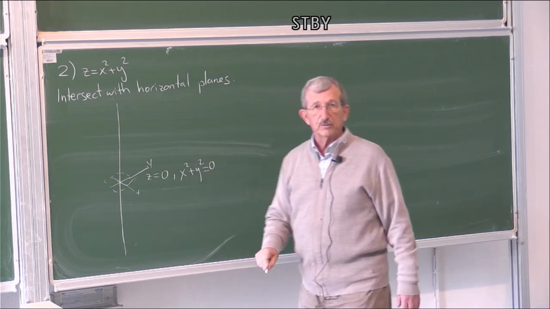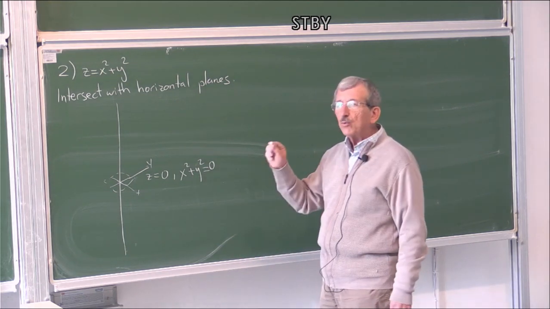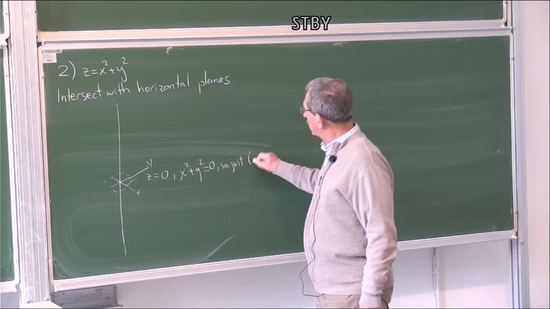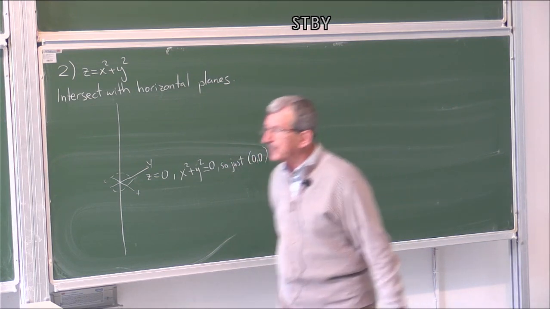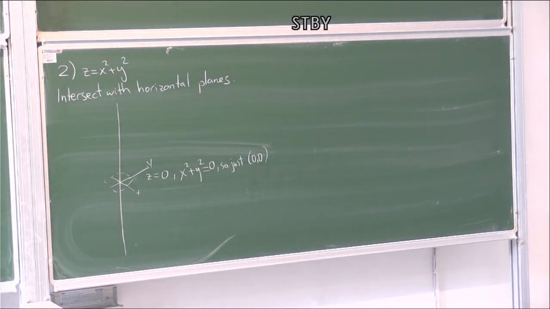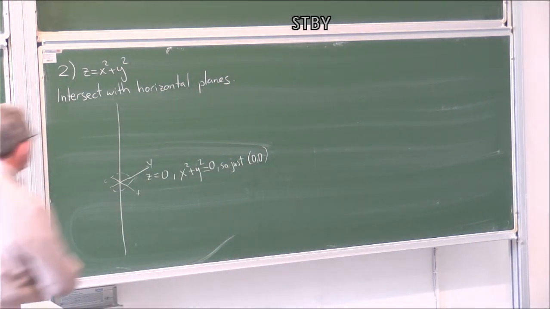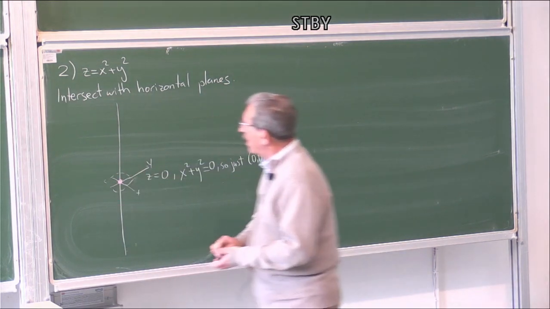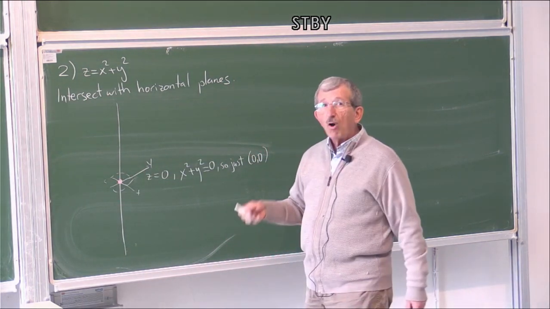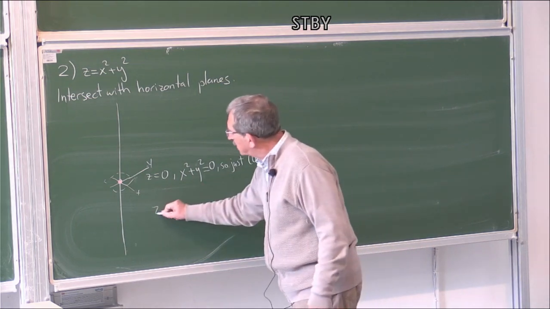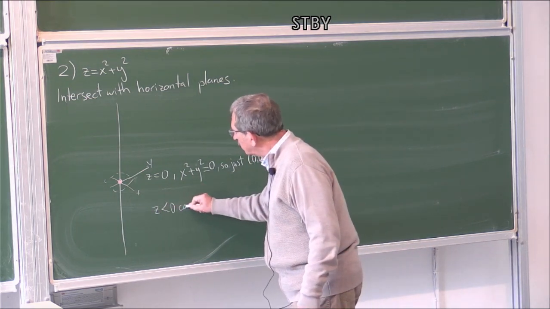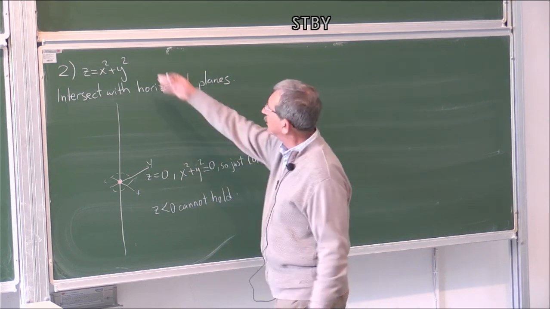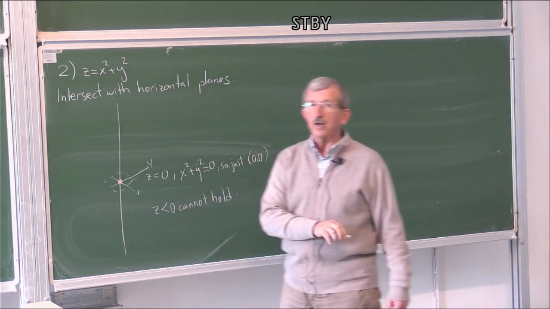Well, this is possible only if we have exactly one point. So just the point 0, 0. Namely, this is a single point here. From the equation, it is obvious that z negative cannot be true, because the right-hand side is non-negative all the time.